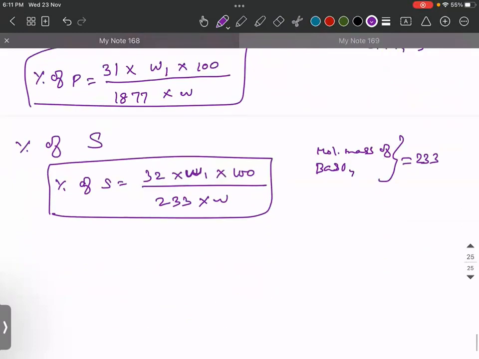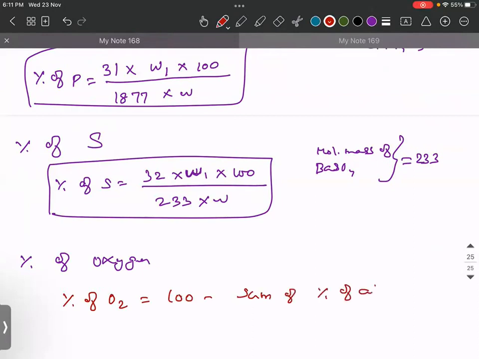And then phosphorus over, the percentage of oxygen. The percentage of O2 is 100 minus the sum of the percentages of all other elements, so it gives 100.